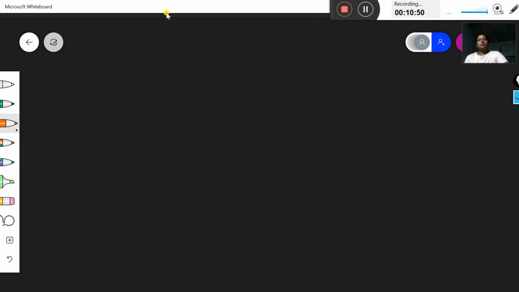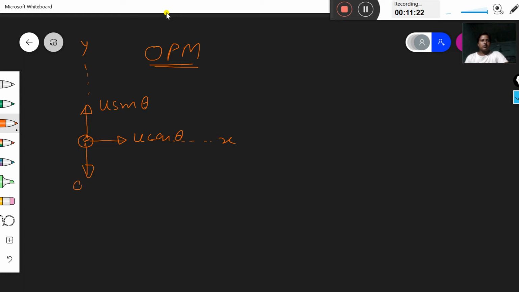So in oblique projectile motion, projectile have u cos theta along x-axis and initial speed u sin theta along y-axis, and acceleration due to gravity opposing u sin theta.